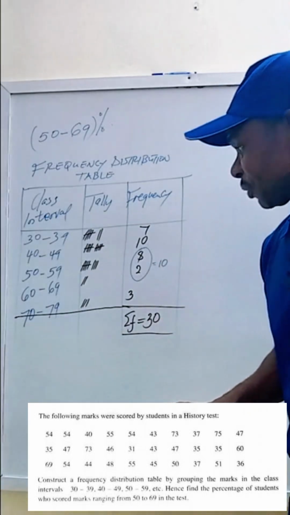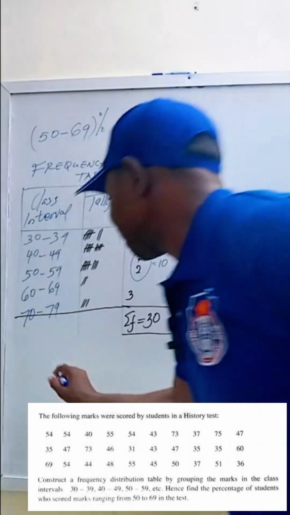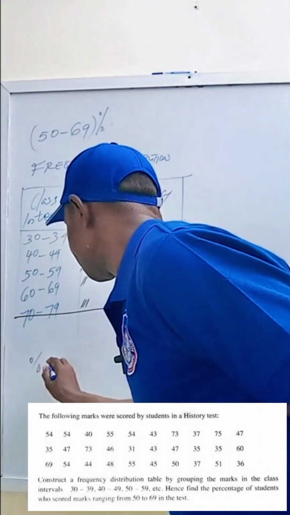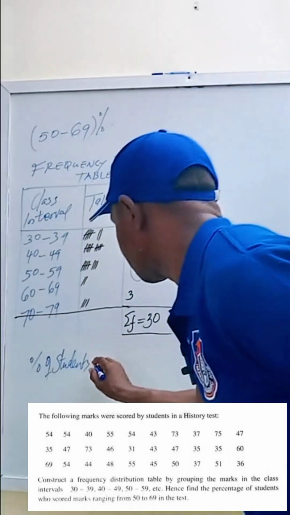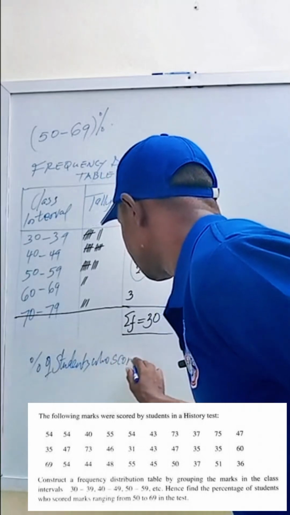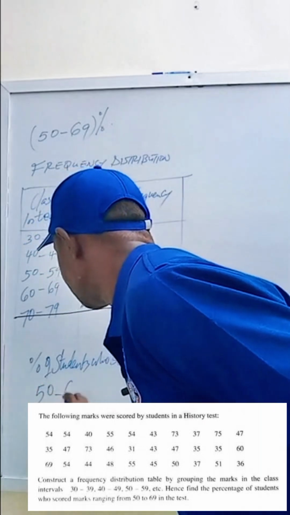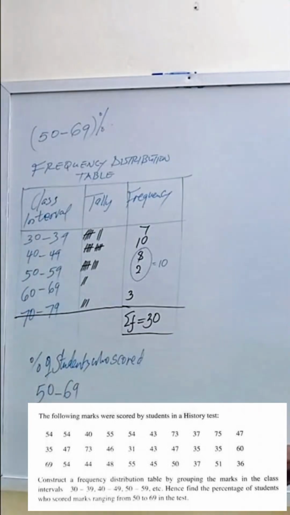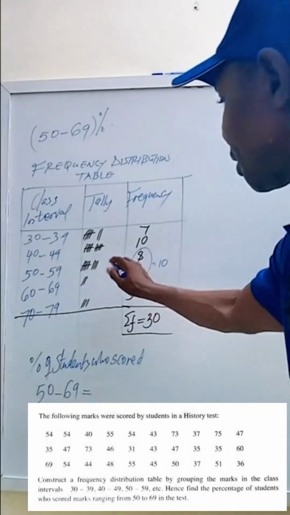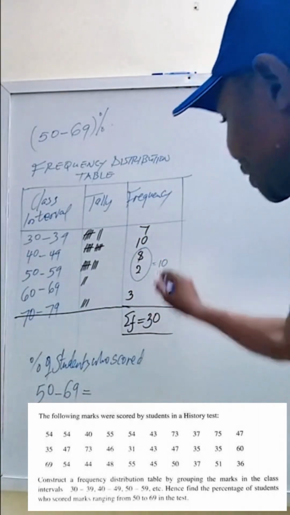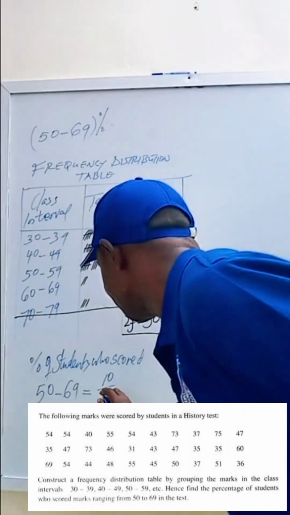The percentage of students who scored 50 to 69 will be equal to the number of students who scored those particular marks, that is 10, over the total number of students, that is 30.